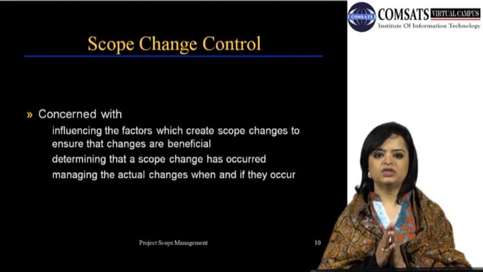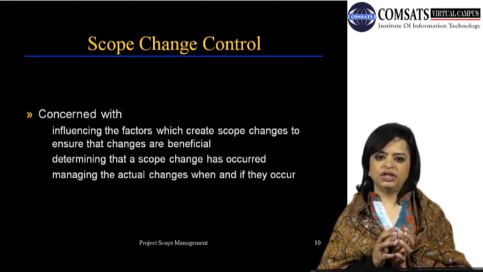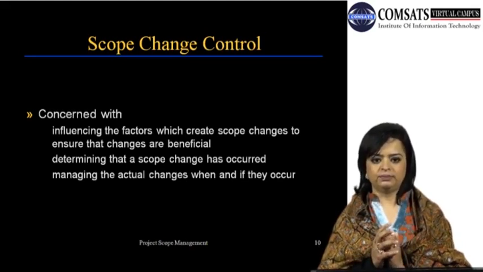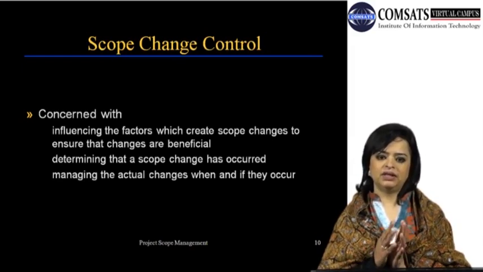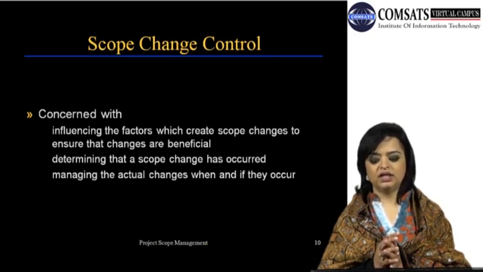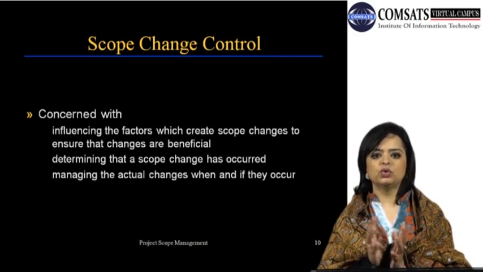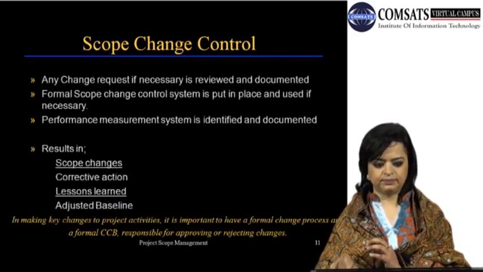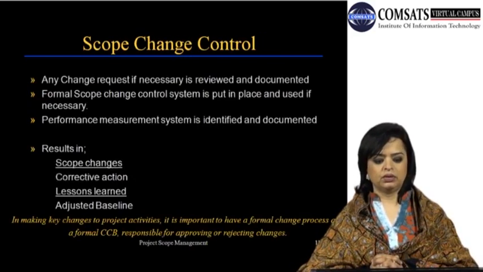So, under the scope change control, all changes that are going to come your way after verification and commitment of the initial scope should be documented, and there should be a process controlling all these changes. Scope change control. Any change request, if necessary, is reviewed and documented.